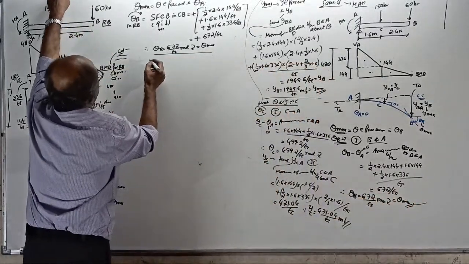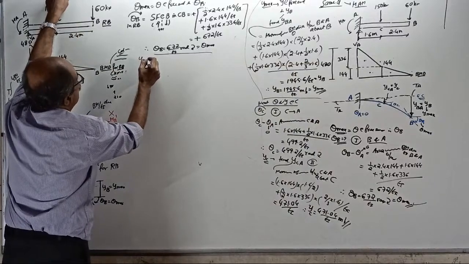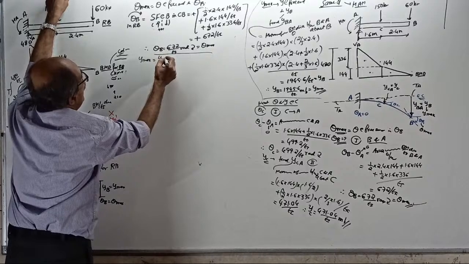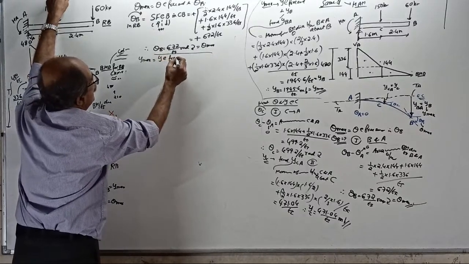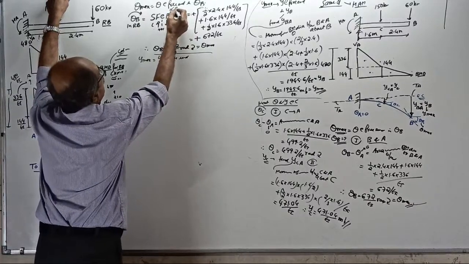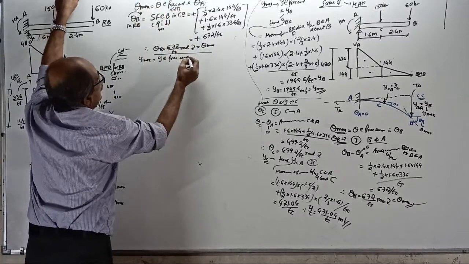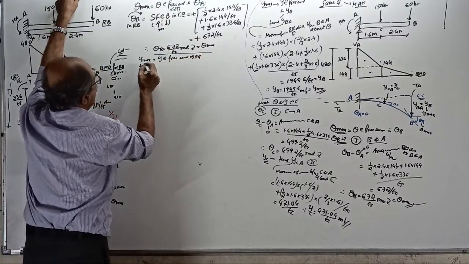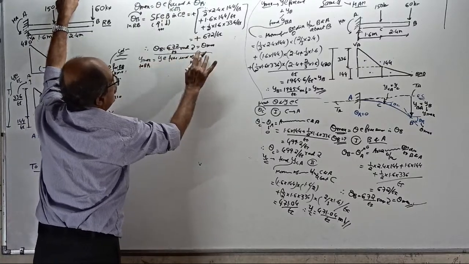Now, y maximum for the real beam is equal to y at the free end of the real beam.